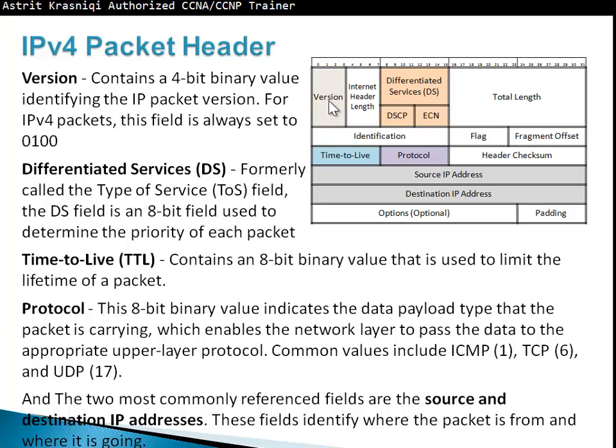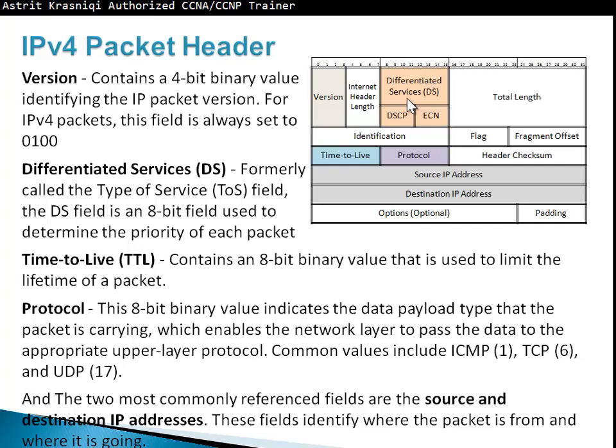And here we move on to differentiated services, formerly called type of service. It identifies the priority of each packet. All the data is not the same. Some of it just carries data, like web browsing. Some of it carries voice, which needs better priority than web browsing.